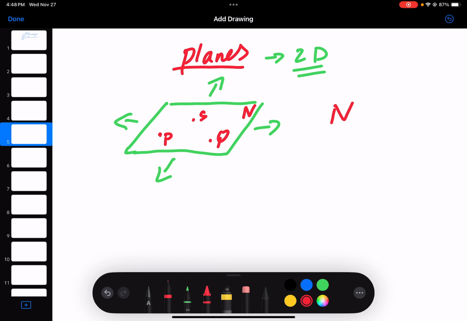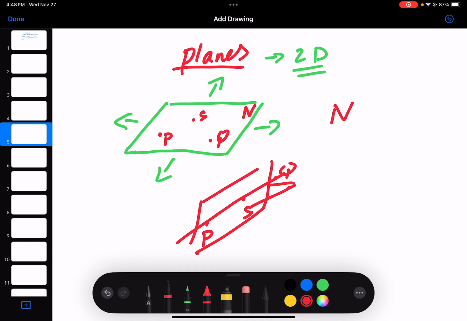Because if they're on one line, then more than one plane could go through it, right? If you have P, S, Q on one line, there could be many planes going through it. One cutting it that way, another one cutting it another way.